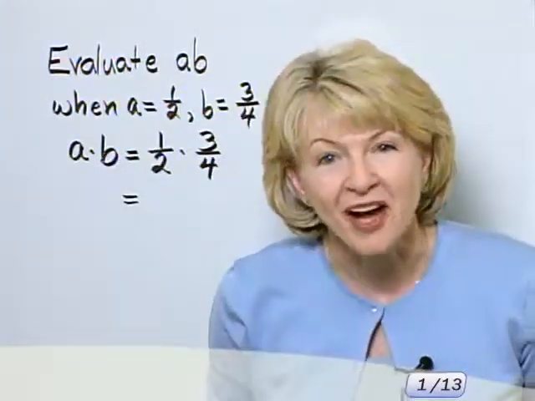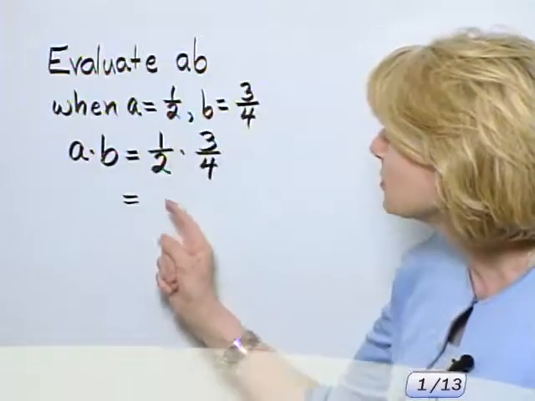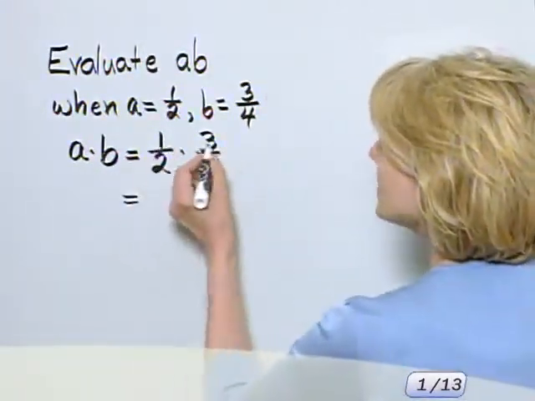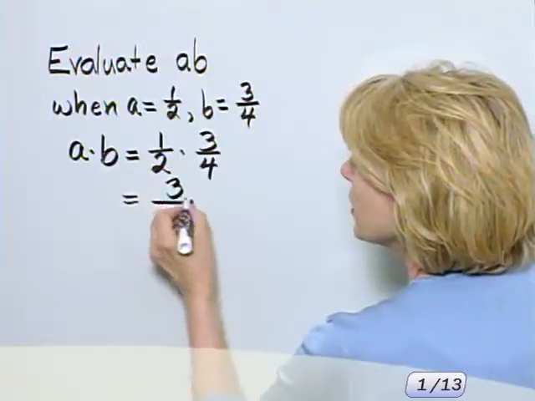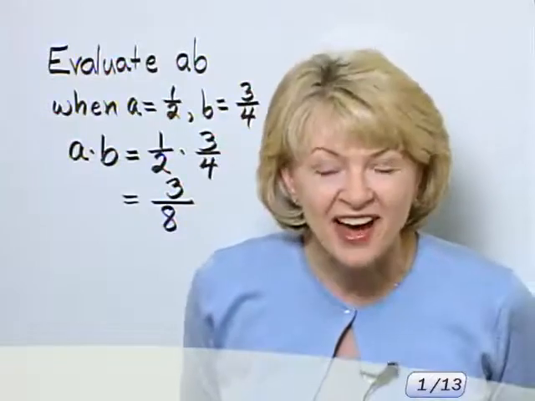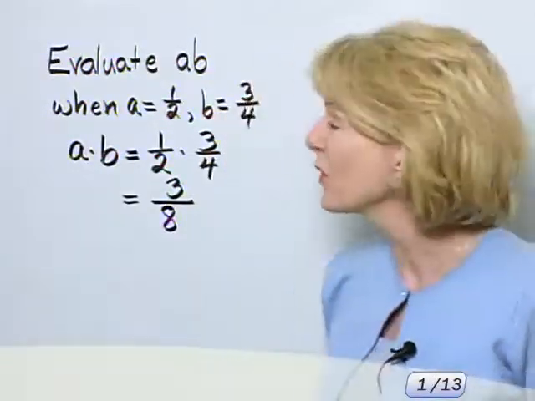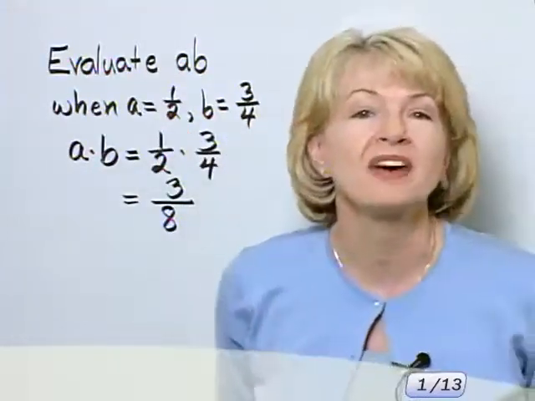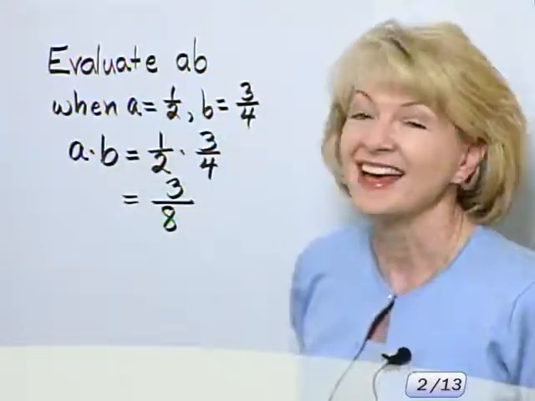How do you multiply fractions? Numerator times numerator over denominator times denominator. So that is 1 times 3, or 3, over 2 times 4, or 8. 3 and 8 have no common factors, so it is in simplest form. The value of this expression, given these replacement values, is 3/8.